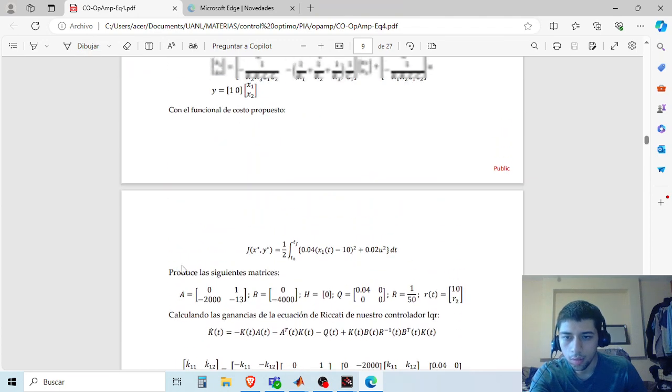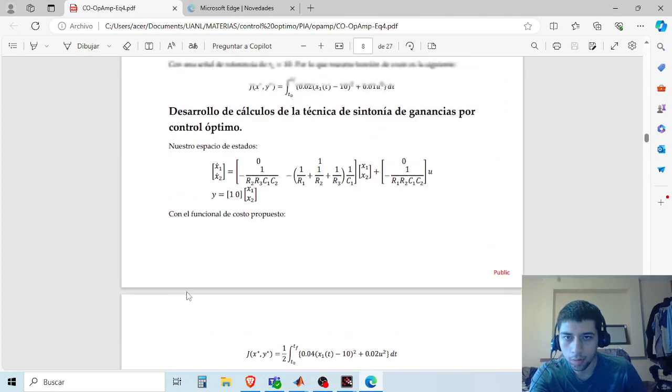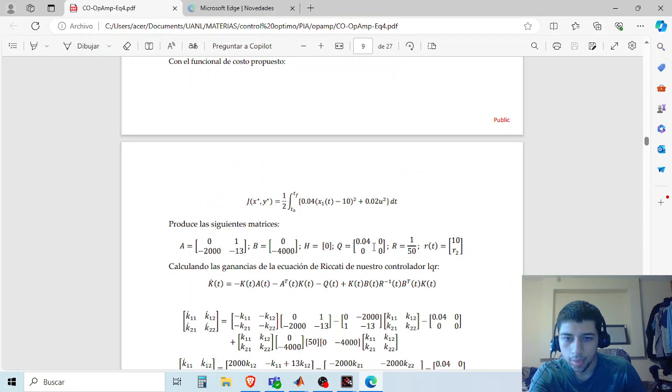So this would be our A matrix from our state space system, the B matrix, and the cost function doesn't have the H matrix. Its value is 0, and the Q matrix penalization is only taking into consideration the x1 state. So we are only working with that state and ignoring the second state.